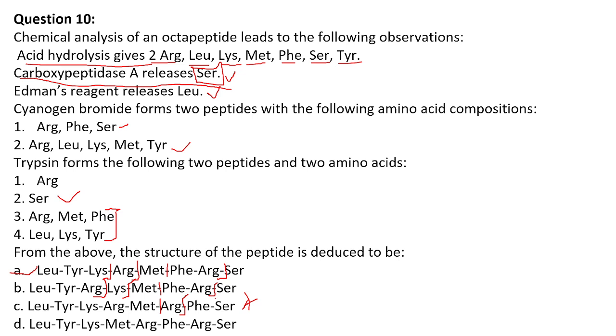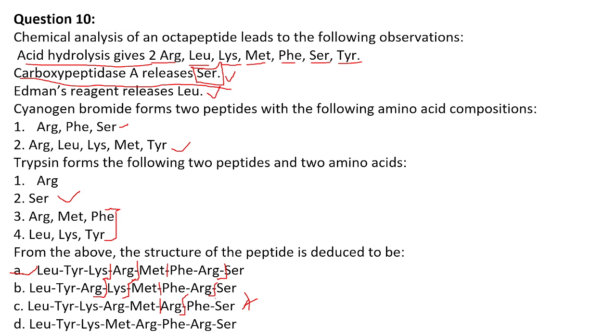We need to remember the function of enzymes like carboxypeptidase, trypsin, and chymotrypsin. Next, Edman reagent releases leucine. The Edman reagent reacts with the N terminus.